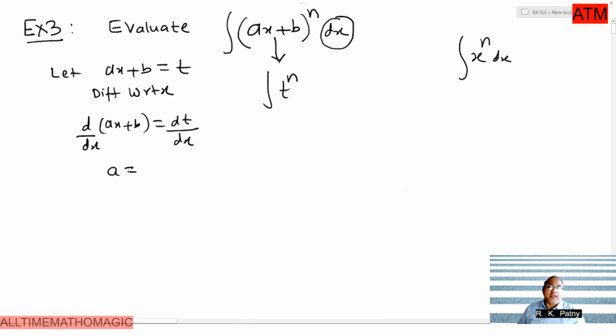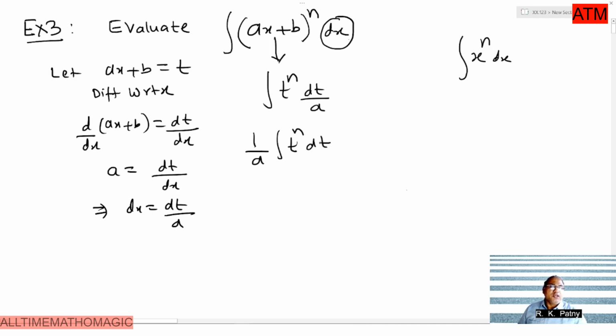Therefore the derivative of ax is a, the derivative of b is 0, equals dt by dx, which implies dx is equivalent to dt upon a. So wherever dx is there, you write dt upon a. Now a is a constant, take it outside. So 1 upon a integration of t raised to n with respect to t.